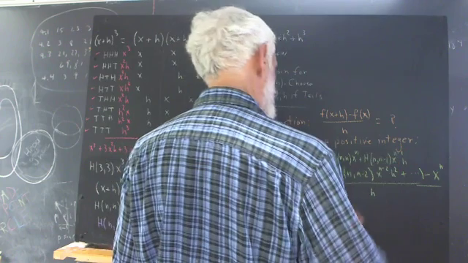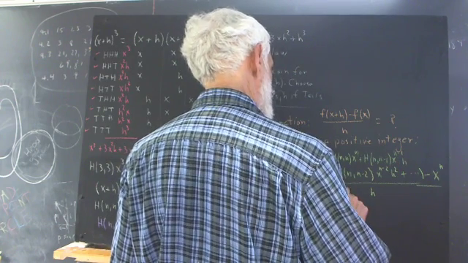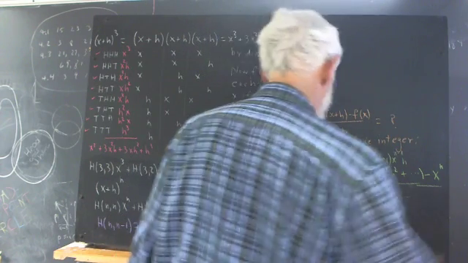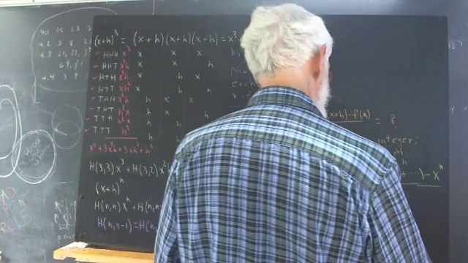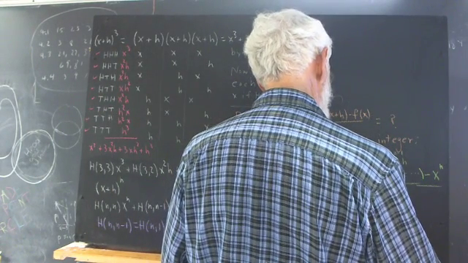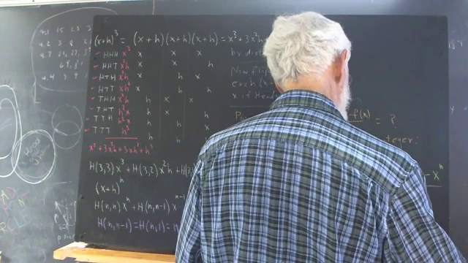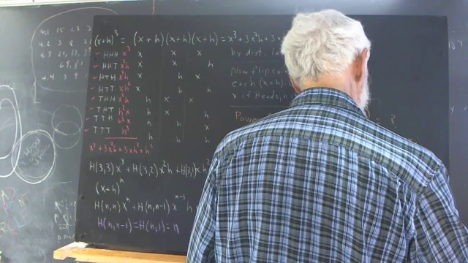H(n, n-1) is just n. Then plus whatever H(n, n-2) might happen to be multiplied by h squared, and so on.